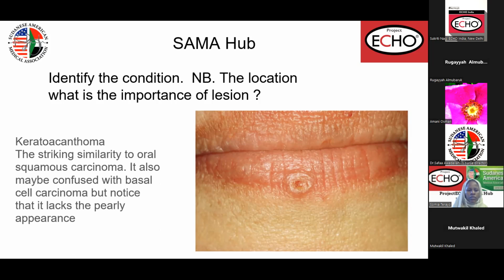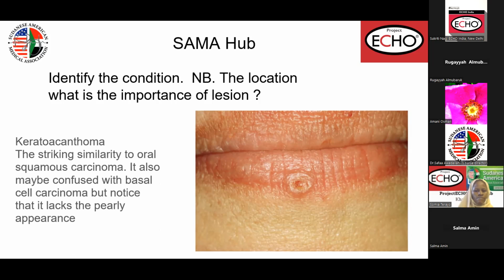This is keratoacanthoma. Keratoacanthoma is a benign epithelial tumor that occurs in the vermilion border of the tongue, and it has a striking similarity to oral squamous cell carcinoma, which makes it a very sensitive condition, so you have to take care of the whole diagnosis situation here.